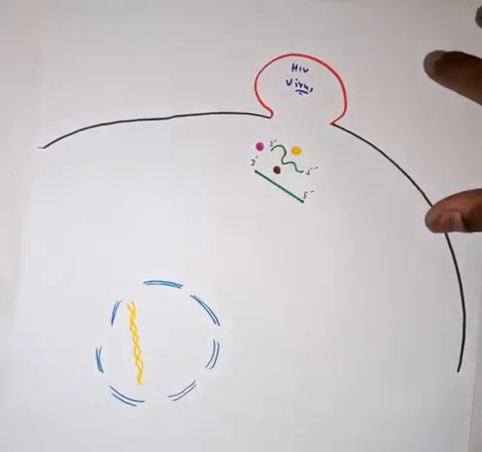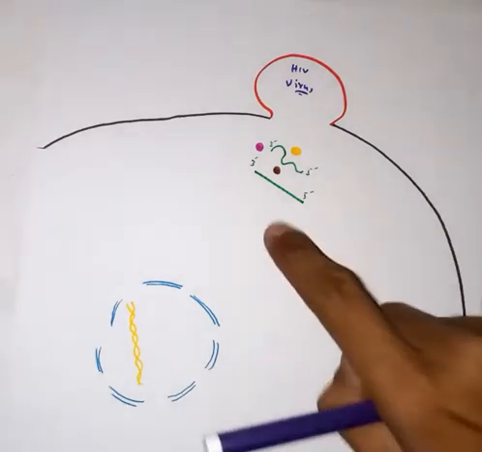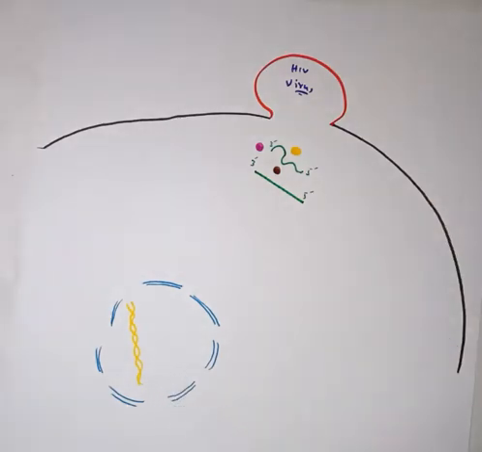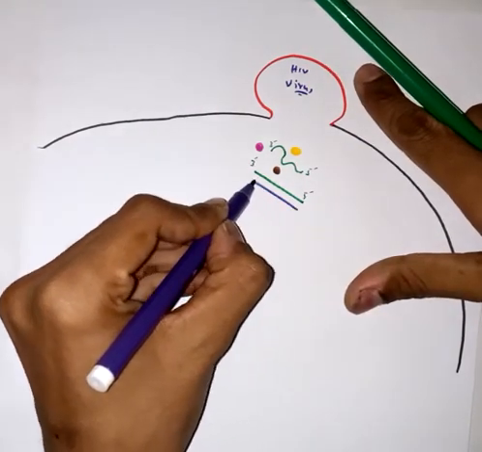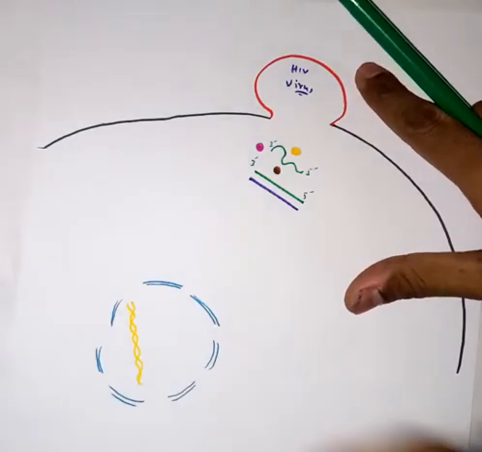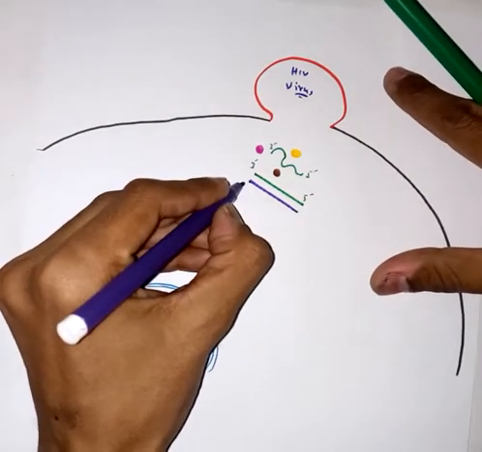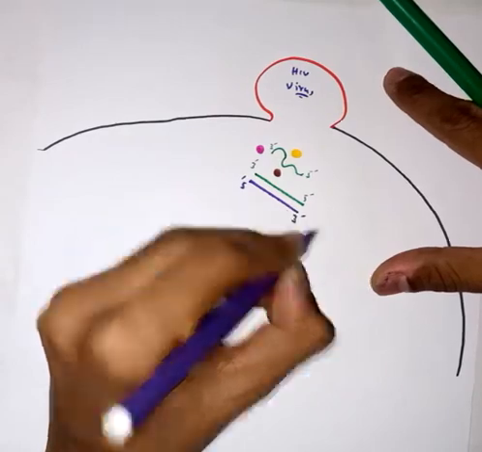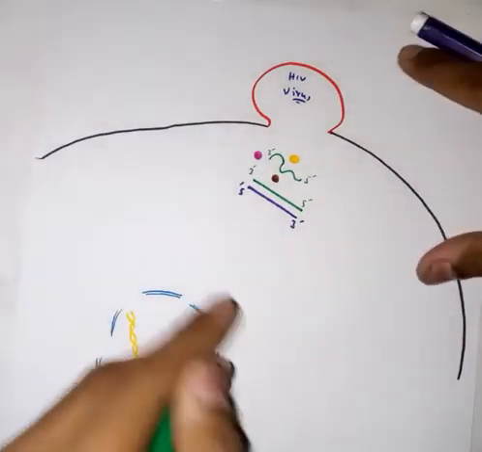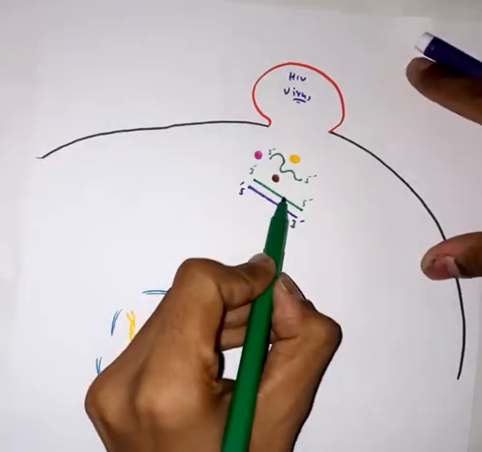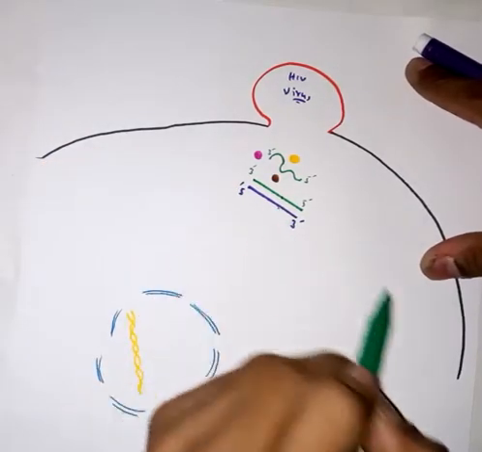Now the first enzyme, reverse transcriptase, will be used, and with the help of the reverse transcriptase enzyme a complementary strand of DNA will be added. Now this is an RNA DNA hybrid. This strand is RNA and this strand is DNA.